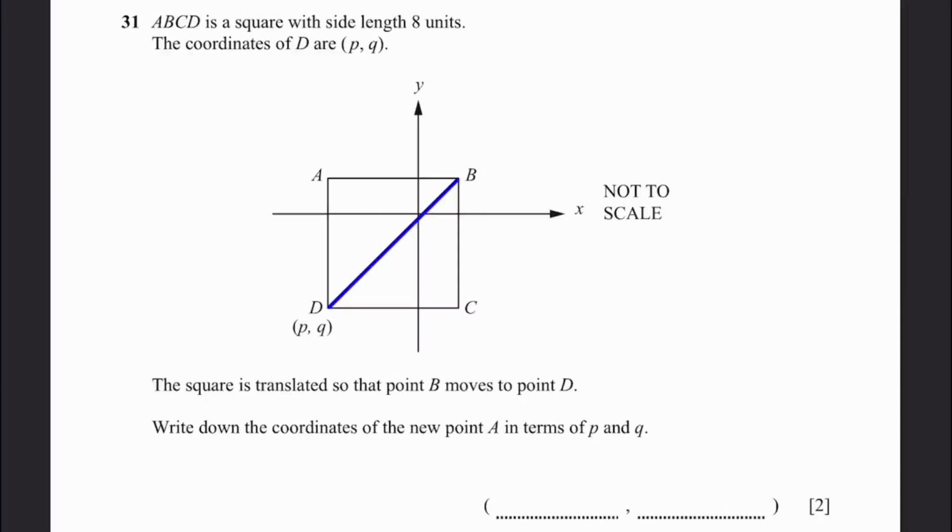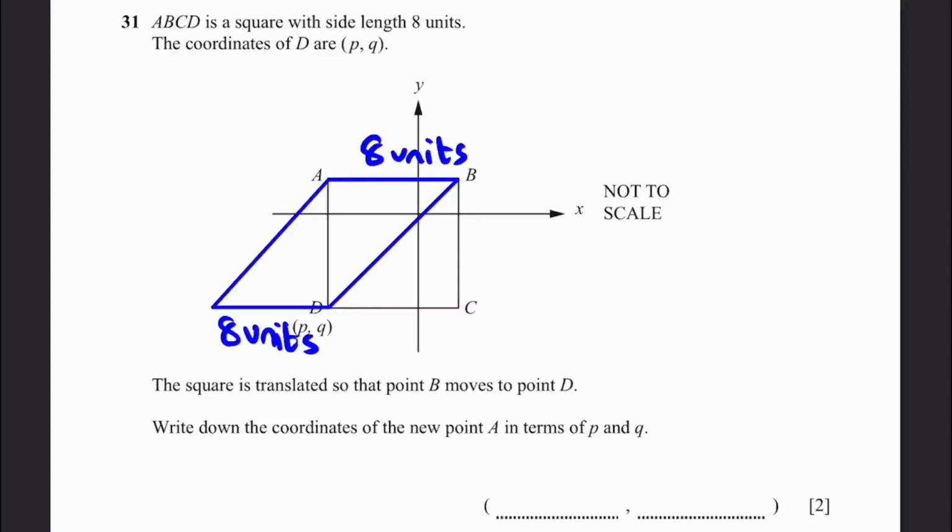But let's say we are moving it diagonally along the line which I drew. That means A will also move through the same line, but the gap will remain the same. So this gap will still be 8 units even when it's translated down. And when it's translated down, as I said, 8 units.